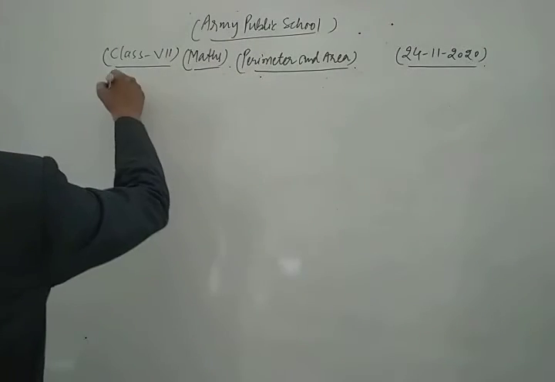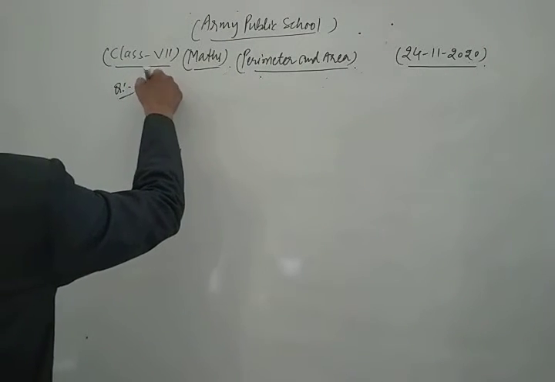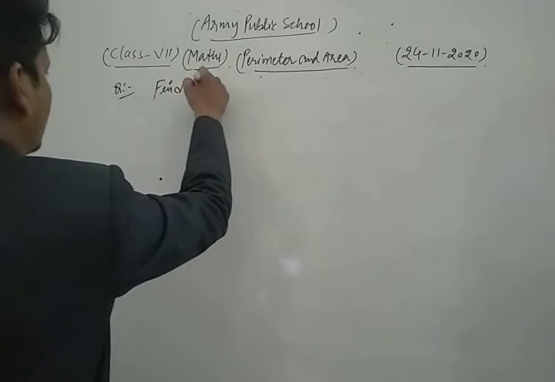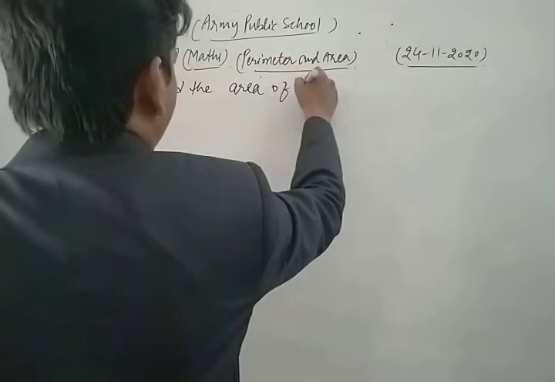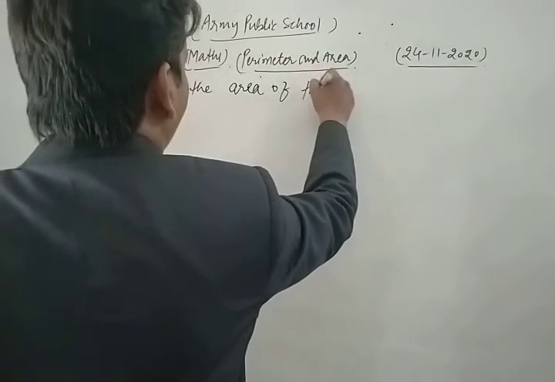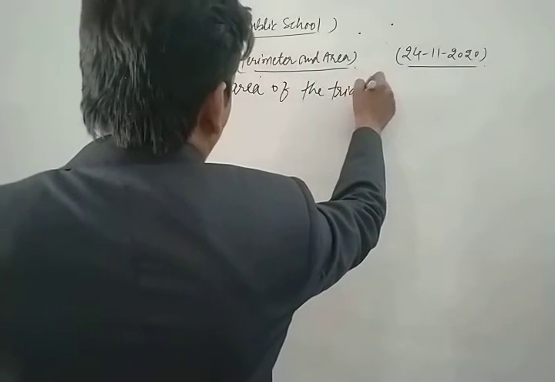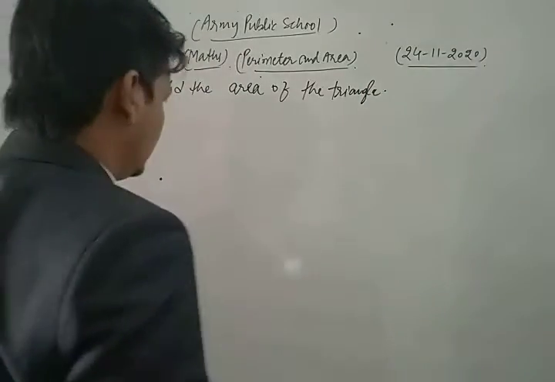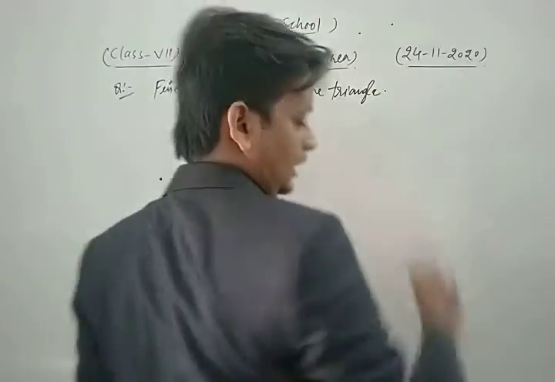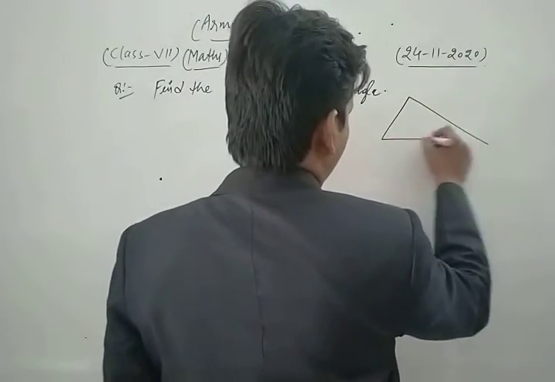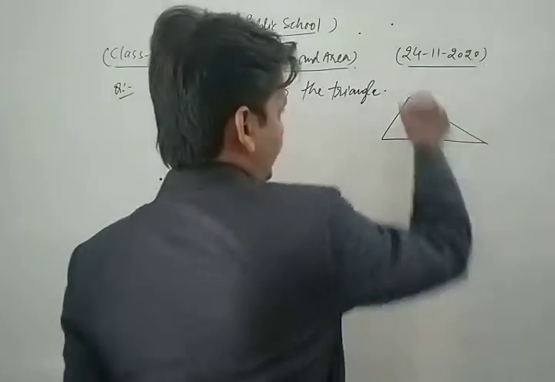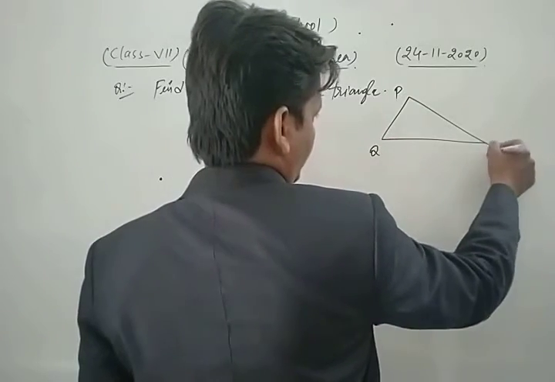Now let's see some other question. Find the area of the triangle, and the figure is, let's see. This is given as PQR.